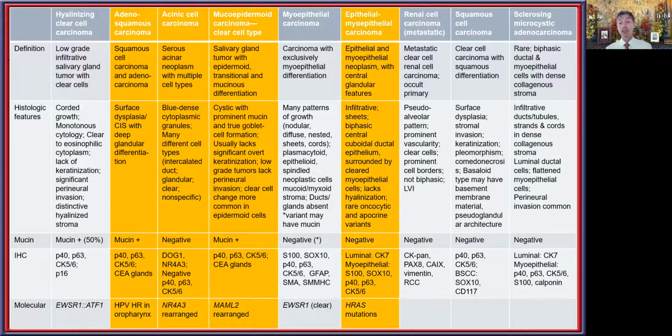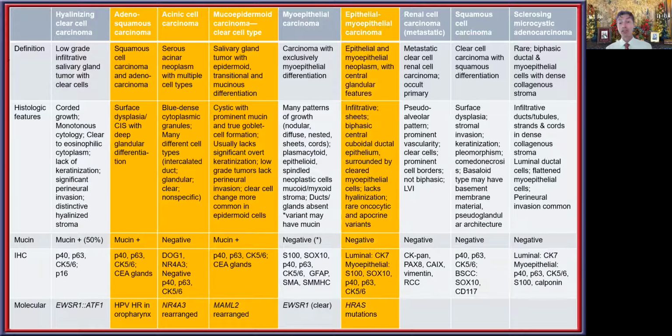Let's now go to a myoepithelial carcinoma. In this particular case, the idea is that you're dealing with a malignancy that is made up exclusively of myoepithelial cells. Obviously, because it's a carcinoma, there is going to be invasive growth, and the palate is much more frequently identified than other anatomic sites, with the submandibular gland following.